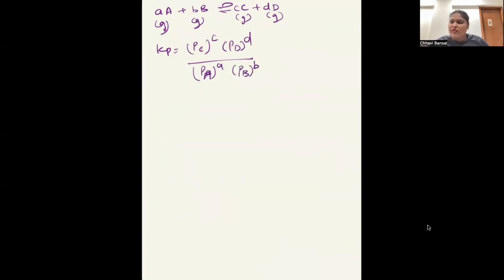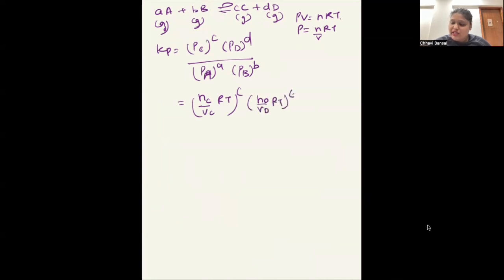Now, we can write PV equals nRT, so pressure equals nRT upon V. Then I write (nC by VC times RT) raised to power c, (nD by VD times RT) raised to power d, over (nA by VA times RT) raised to power a, and (nB by VB times RT) raised to power b, right?